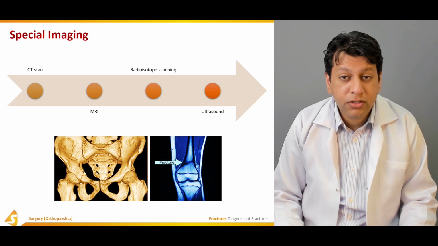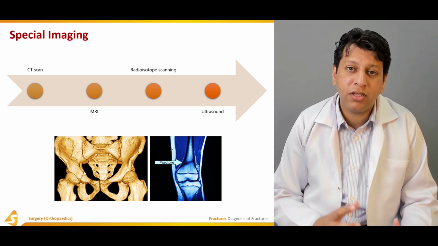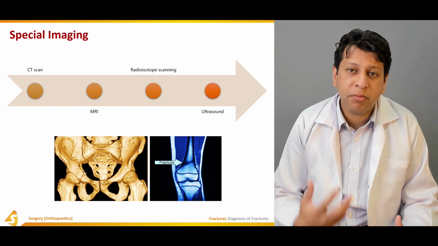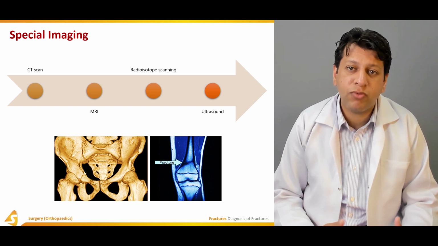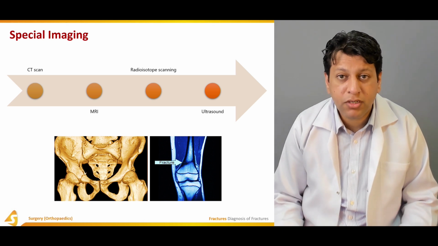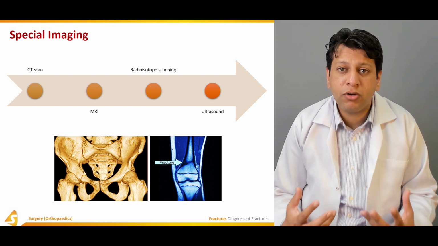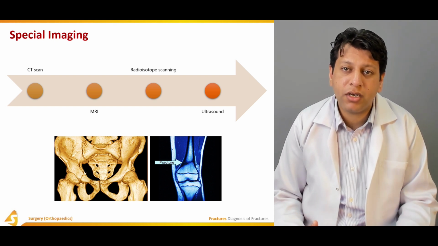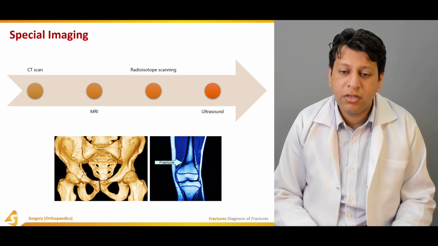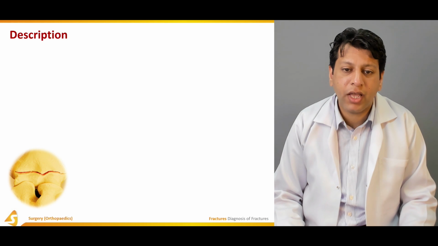And coming to ultrasound, it may be required sometimes for joint assessment, especially when there is synovitis or septic arthritis, where the joint is swollen and there may be an excessive amount of fluid in the joint. Ultrasound-guided aspiration may be required to diagnose whether it is septic arthritis or synovitis. So we may require imaging for associated injuries along with the X-rays.